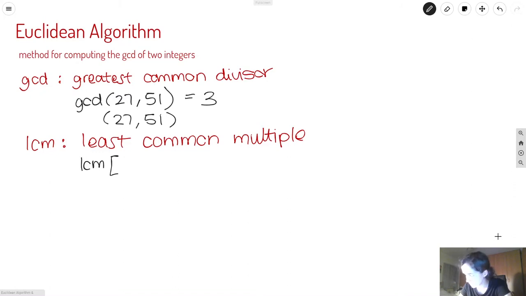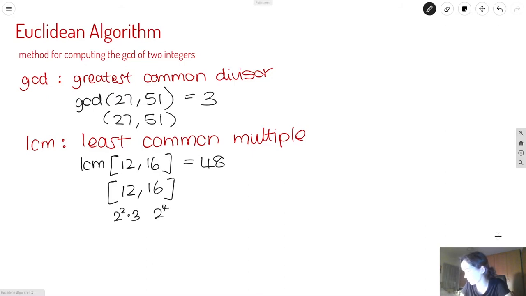So the LCM of 12 and 16 will be equal to 48. You can also just indicate it as such. We know this since 12 is equal to 2 to the power of 2 times 3, and 16 is 2 to the power of 4.